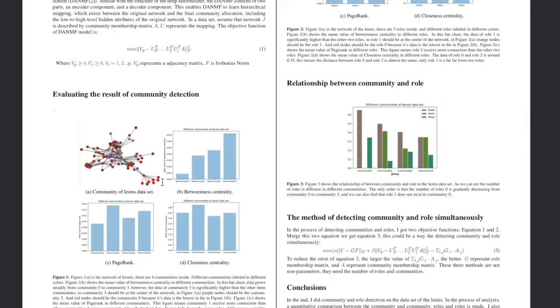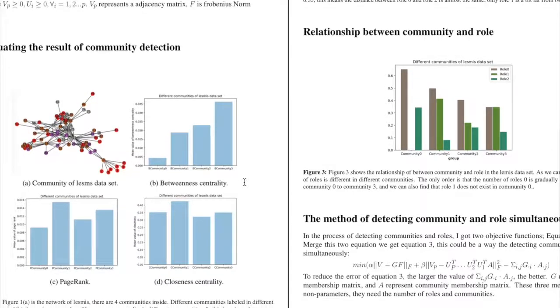In order to find out the difference between different communities, I use 3 quantitative criteria. One is betweenness centrality, PageRank, and the other is closeness centrality. In this image, we can see that for betweenness centrality, okay, we can zoom in.